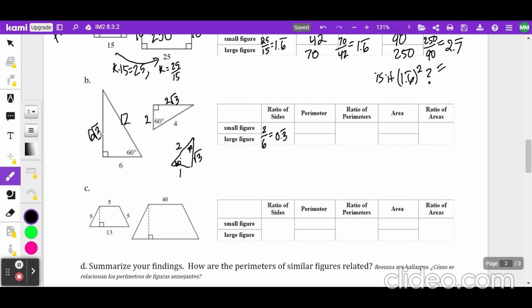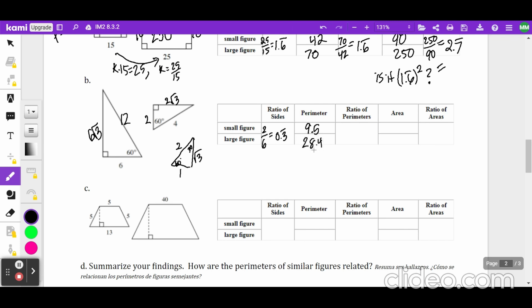6 root 3. So I'm going to do this on my calculator. Okay. I add all of these up for the small one, and I get about 9.5. I add all these up for the large one, and I get about 28.4.